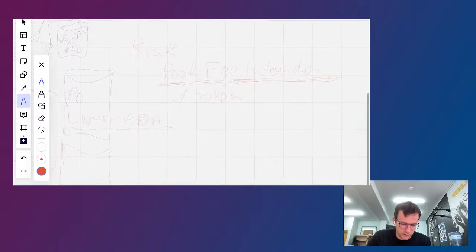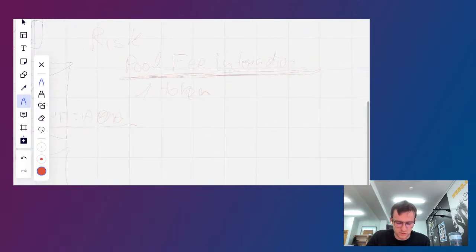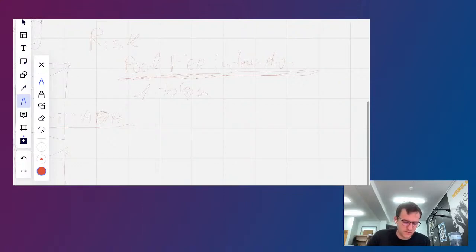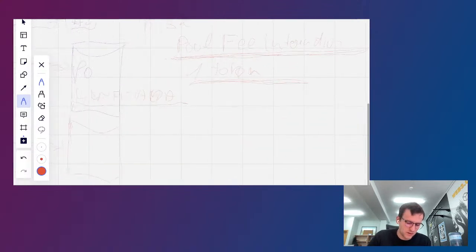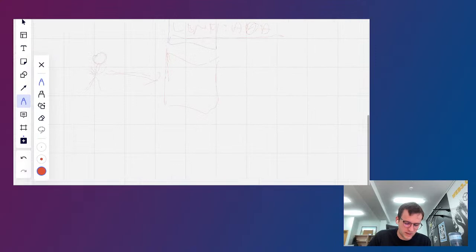We do have the power to add a fee to the interactions, which means if someone is making a transaction after the fee is implemented, they would have to pay 1 token to the pool every time they interact with it. And everyone would have to do it.